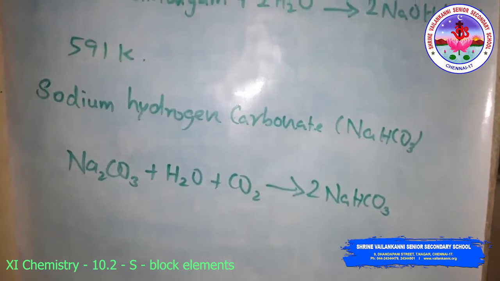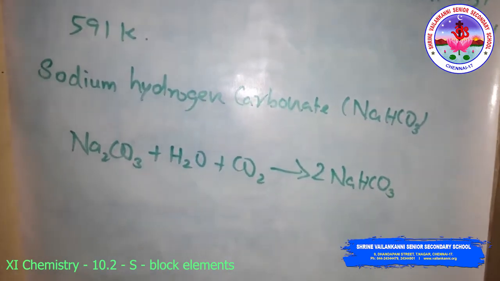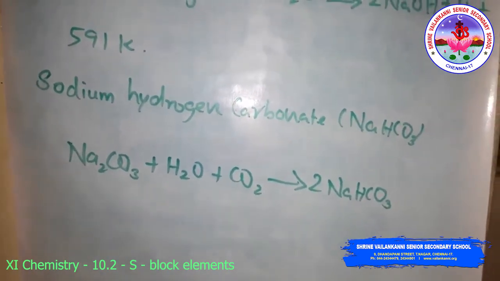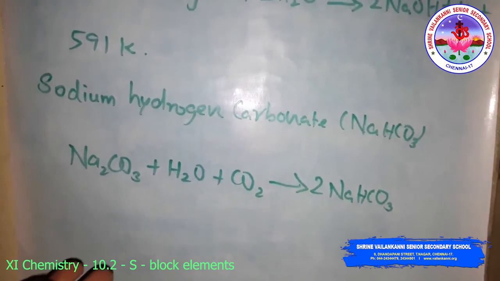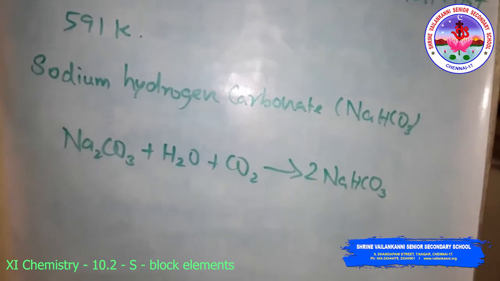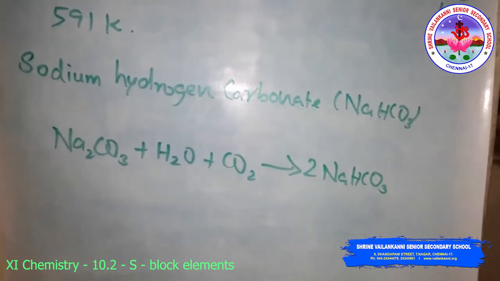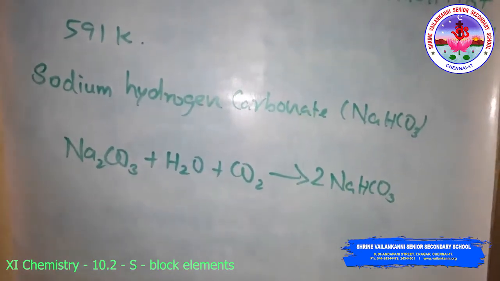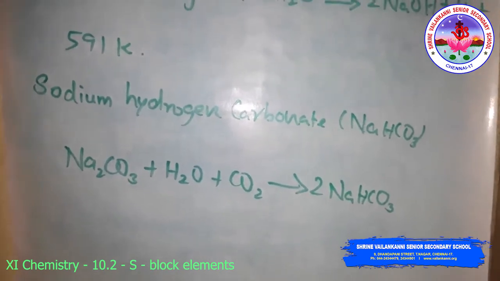So this is baking soda. Usually, sodium hydrogen carbonate is a mild antiseptic for skin infection, and it is also used in some fire extinguishers. So these are the uses.